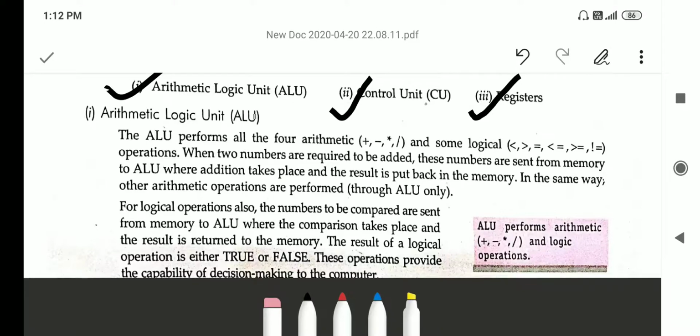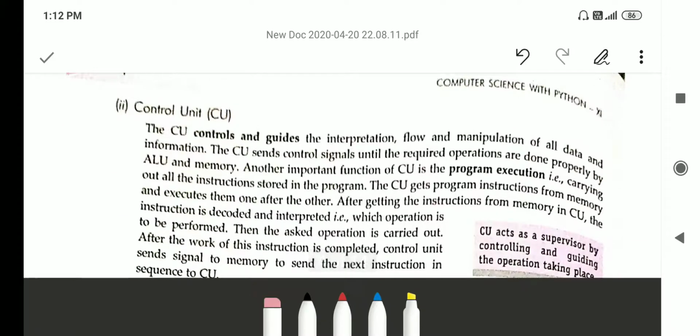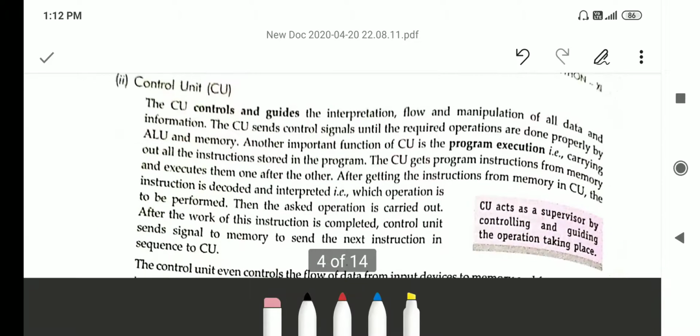Second, the CU, control unit, is used to sustain the process for the time that the ALU has been given. CU controls and guides the interpretation, flow and manipulation of data and information. The CU sends control signals until the required operations are done properly, meaning that as long as the process is going on, the control unit will sustain it.